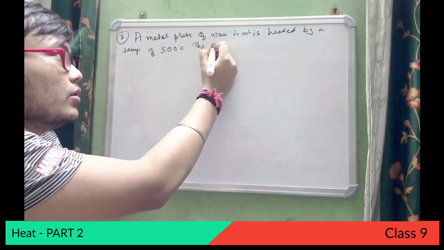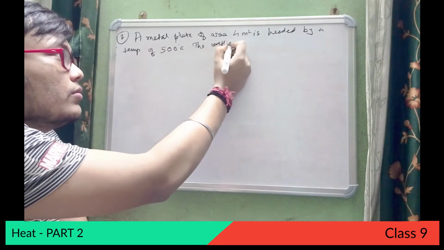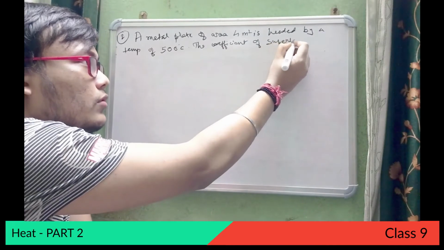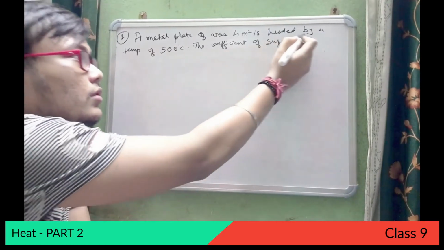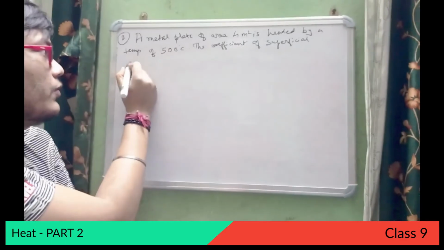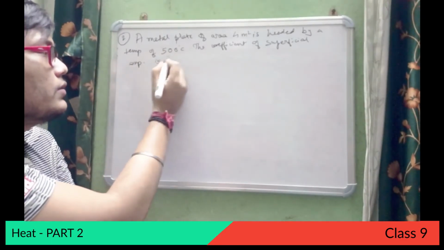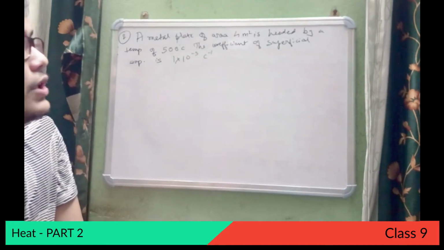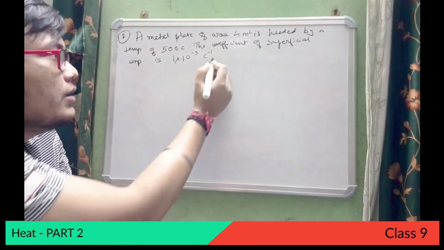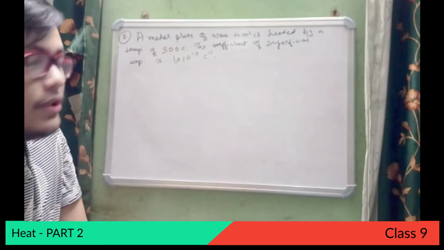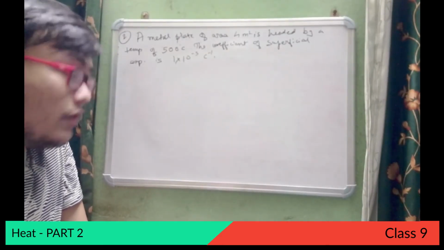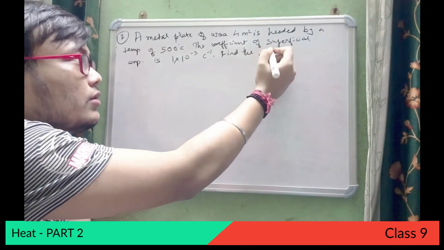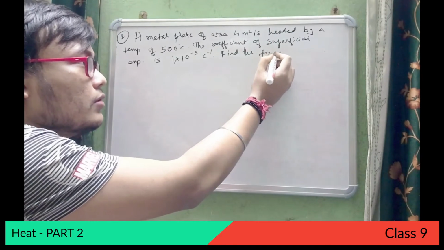The coefficient of superficial expansion is 1 into 10 to the power minus 5 per degree Celsius. Find the final area.